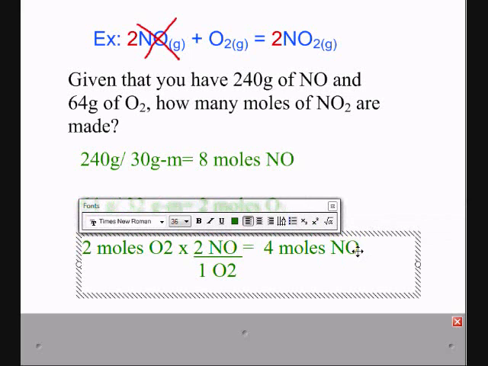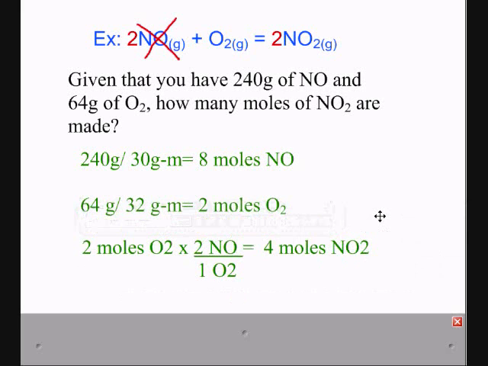If I want to, I could take it one more step by using the molar mass to convert that into grams. Now don't worry, that's a real tricky problem. I wouldn't hold you to something like that on a test, but if you understand it, you're really way ahead. Okay, so that's stoichiometry part 1. Next time, we'll put an additional step in there, and we'll talk about how to solve this using dimensional analysis.